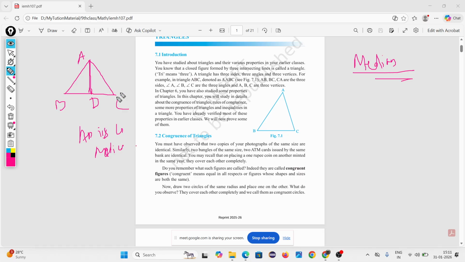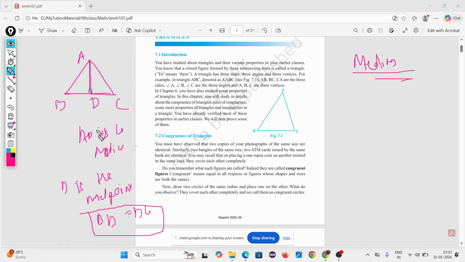Okay. The definition of a median is a line segment joining a vertex to the opposite side midpoint. Here you should remember D is the midpoint. Then what do you mean by midpoint? The point that divides the side into two equal parts, that means BD equal to DC.